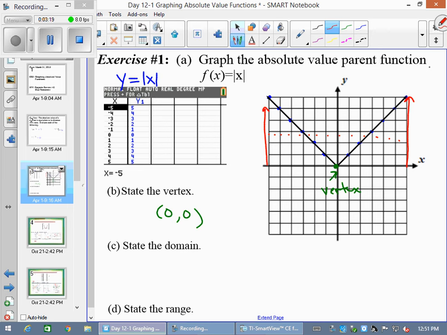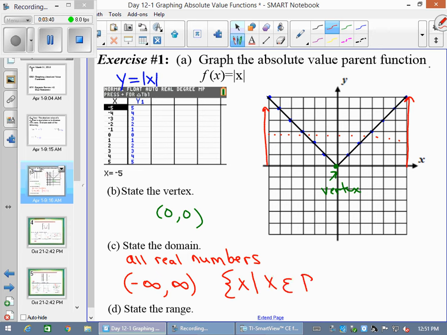So what that means is that your domain is all real numbers. Now you can state that in words, or you could have written that in interval notation, which would have been negative infinity to infinity, or you could have written that in set notation, which would have been x such that x is an element of all real numbers.